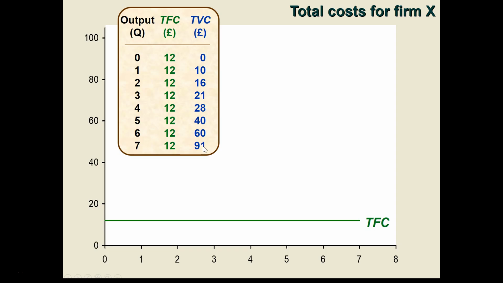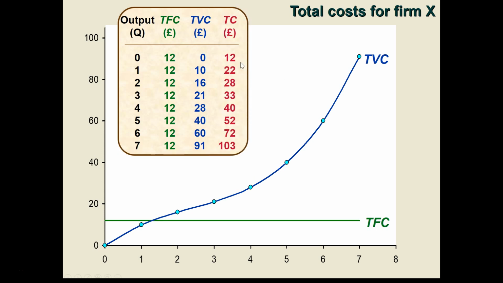The more we produce, the more we need to spend. If we plot this data, we will get this curve, total variable cost line, and these blue dots represent our particular data points. And if we want to add up all these numbers together, green and blue numbers, we will get the total cost for this company. So 12 plus 0 is 12, 12 plus 10 is 22, 12 plus 16 is 28, and so on.